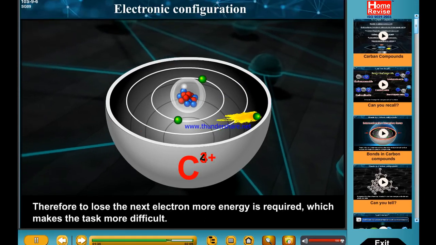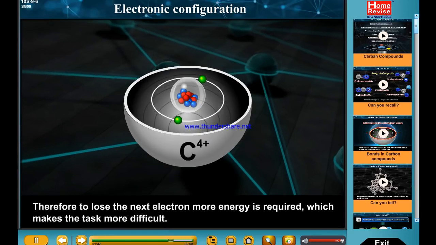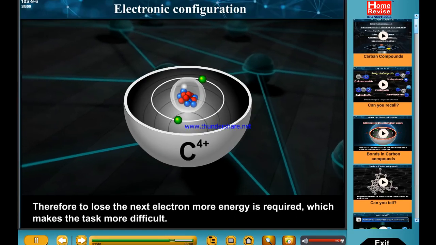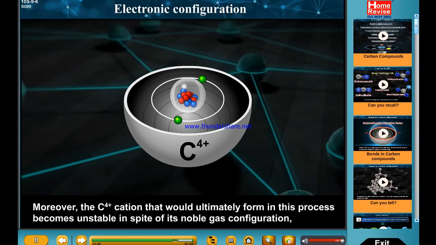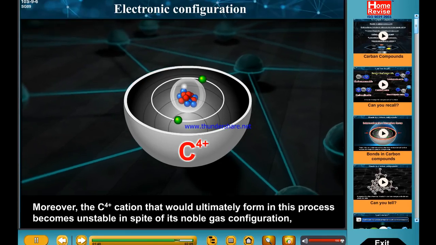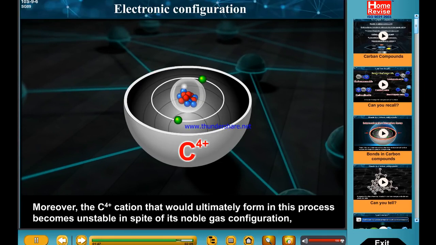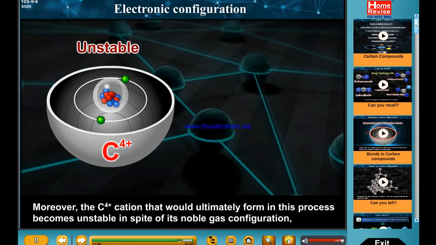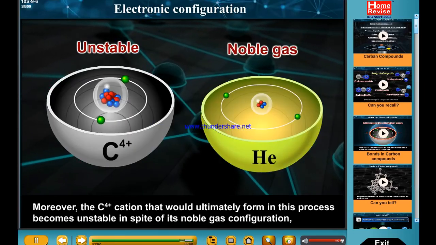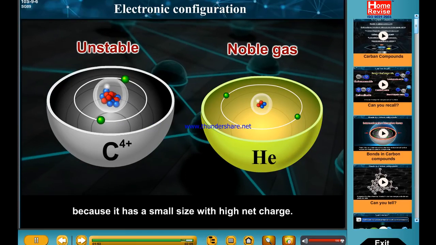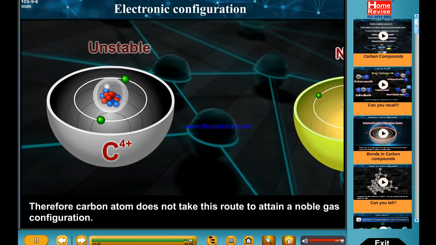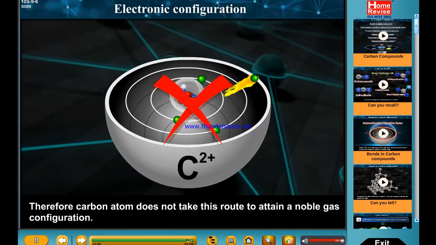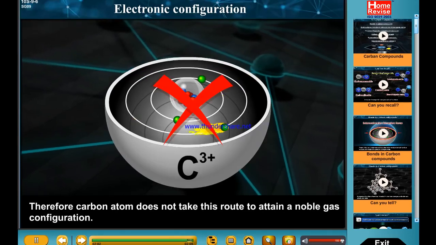Therefore, to lose the next electron, more energy is required, which makes the task more difficult. Moreover, the C4+ cation that would ultimately form in this process becomes unstable in spite of its noble gas configuration because it has a small size with high net charge. Therefore, carbon atom does not take this route to attain a noble gas configuration.